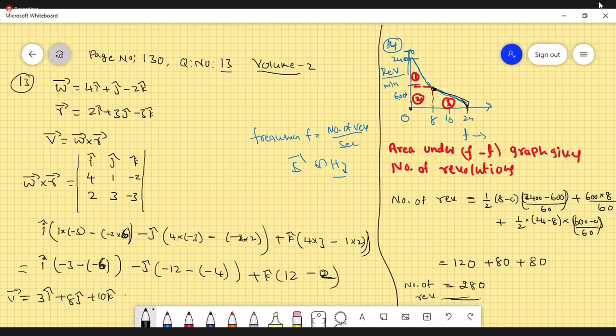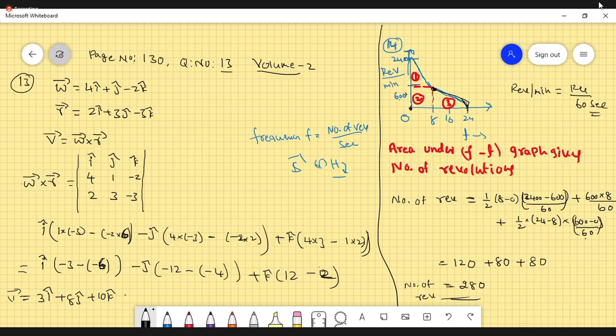They have given it in revolutions per minute, so that's why I divided by 60. I converted revolutions per minute into revolutions per second, since 1 minute equals 60 seconds. Okay, sir. Got it, sir.